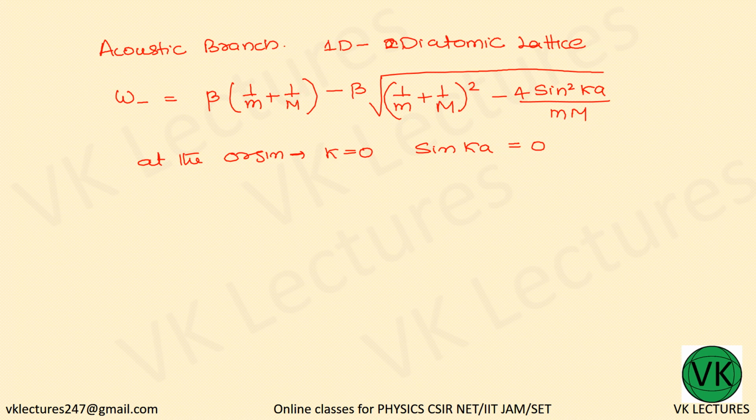So let's take it k tending to 0. Ka will be, we can write it as sine Ka equal to k times a. So omega minus will be equal to root of 2 beta by m plus M, Ka.